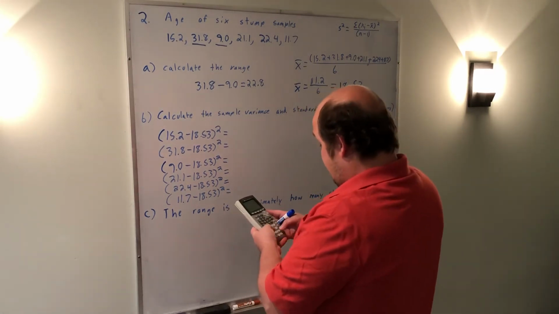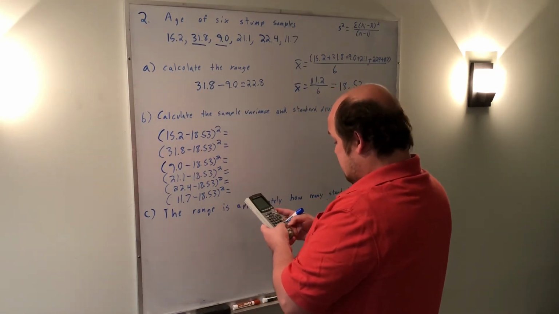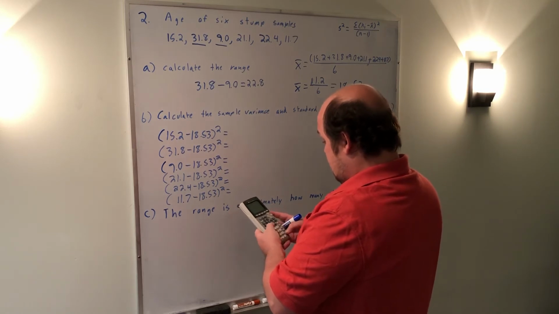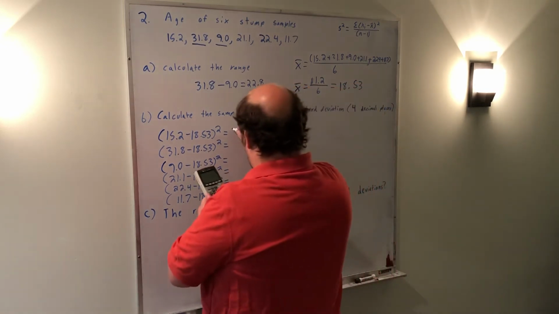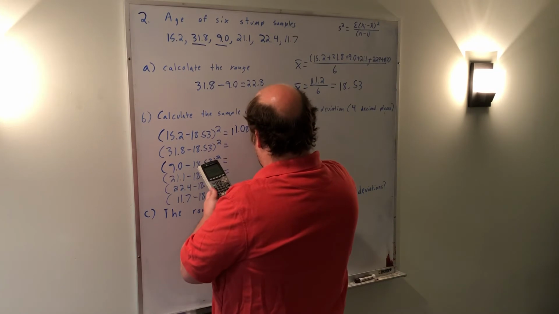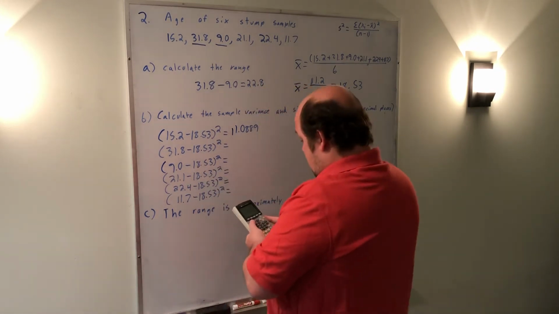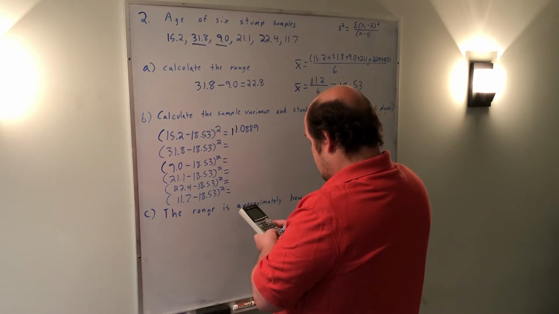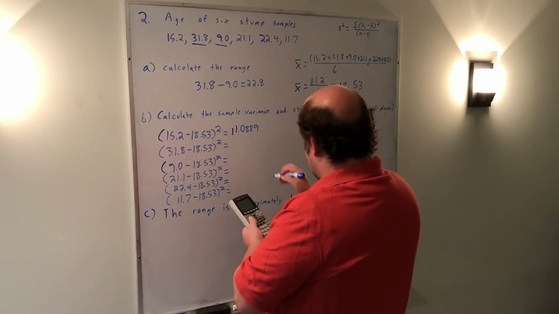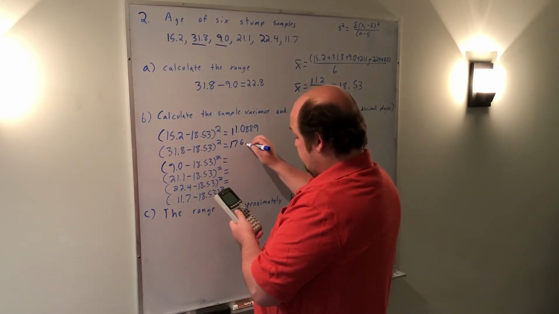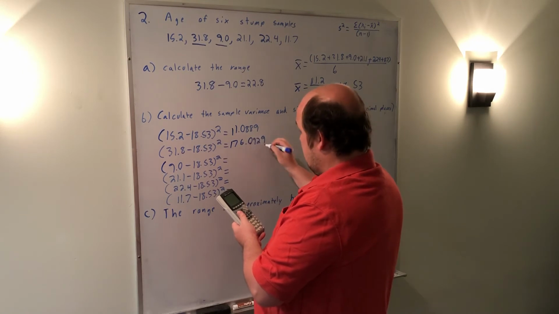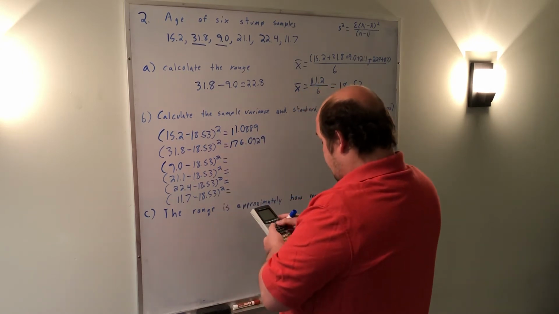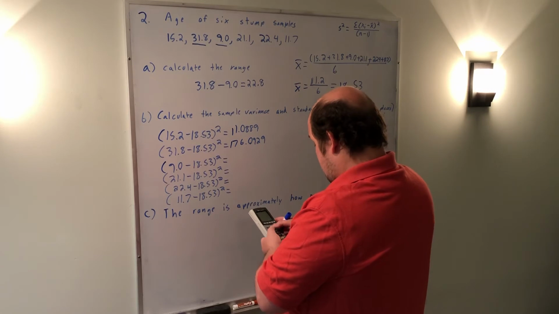When I put in 15.2 minus 18.53 and I square the result, I get 11.0889. When I do the same thing, except now for 31.8, I get 176.0929.